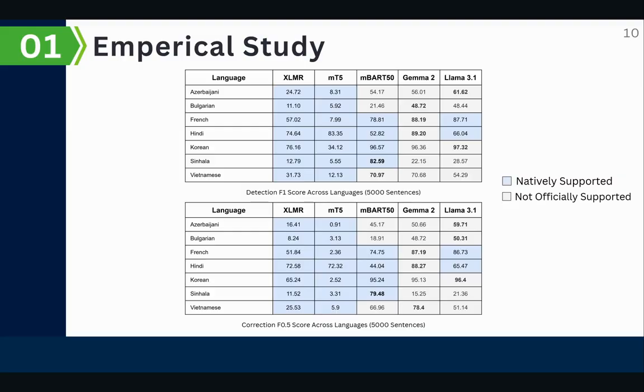As you can see, the Gemma 2 model performs much better for French and Hindi, which are high resource languages, than the other models. But Gemma 2 model does not natively support the two languages, which goes to show with the right amount of data, the decode-only models can outperform the other models, even though those models natively support the language.